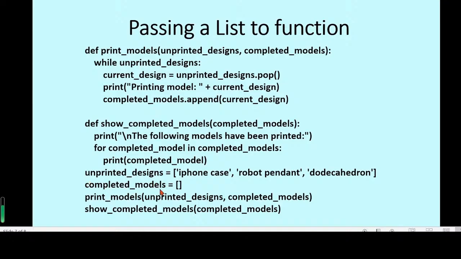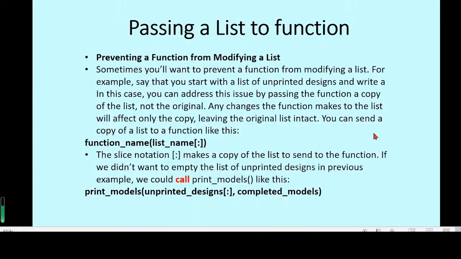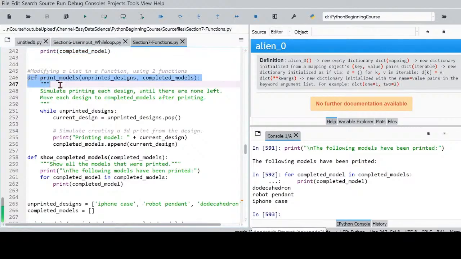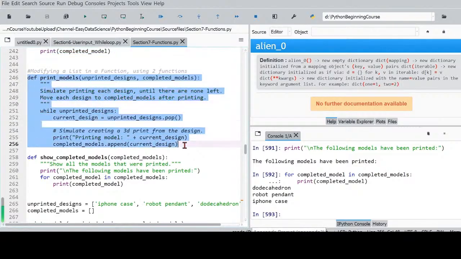The other is completed models with an initial empty value. Then we call the printModels function with unprinted designs and completed models as input to the parameters. Then we call showCompletedModels with completed models as input. So we run, first defining these two functions called printModels and showCompletedModels.